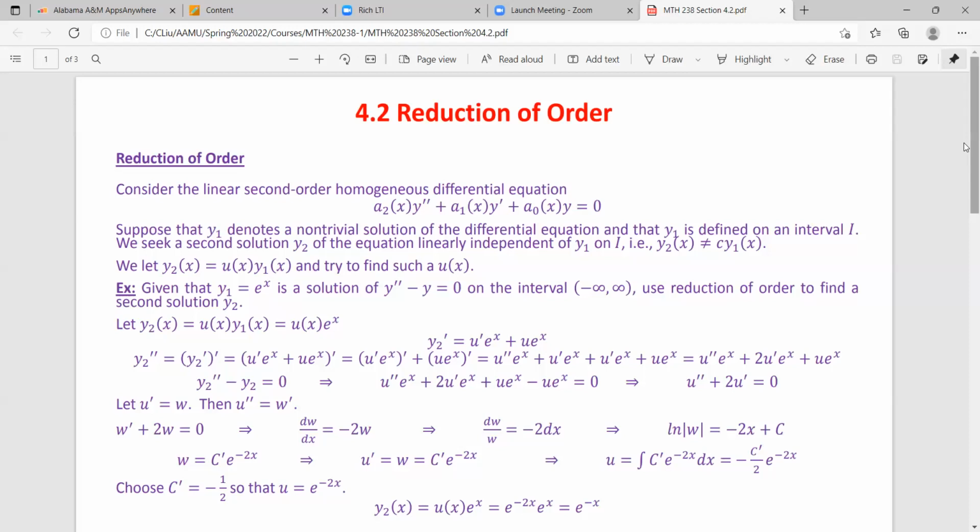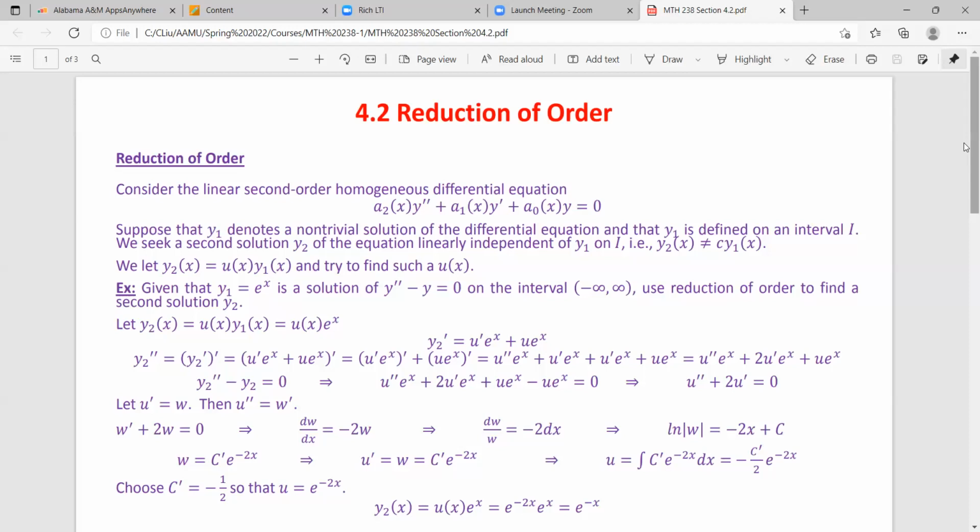That is u prime e to the x plus u times e to the x. So then now we can combine u prime e to the x to get 2 times u prime e to the x. Okay, so the whole thing becomes u double prime e to the x plus 2 u prime e to the x plus u times e to the x. All right. So this whole thing is just product rule.